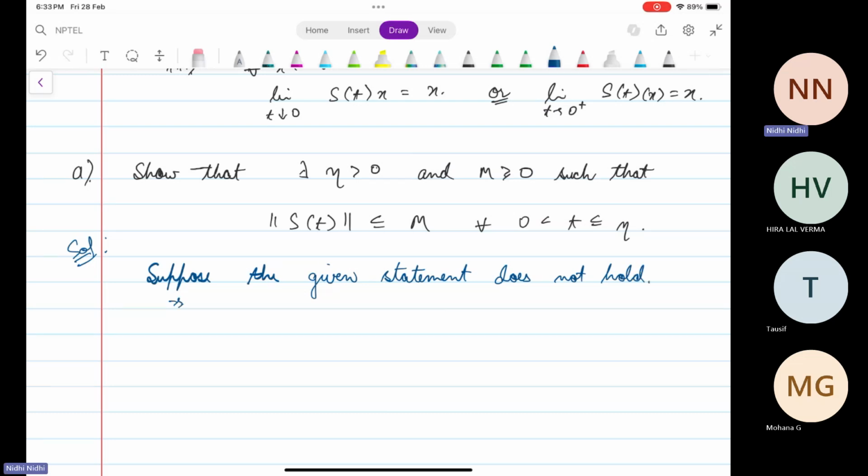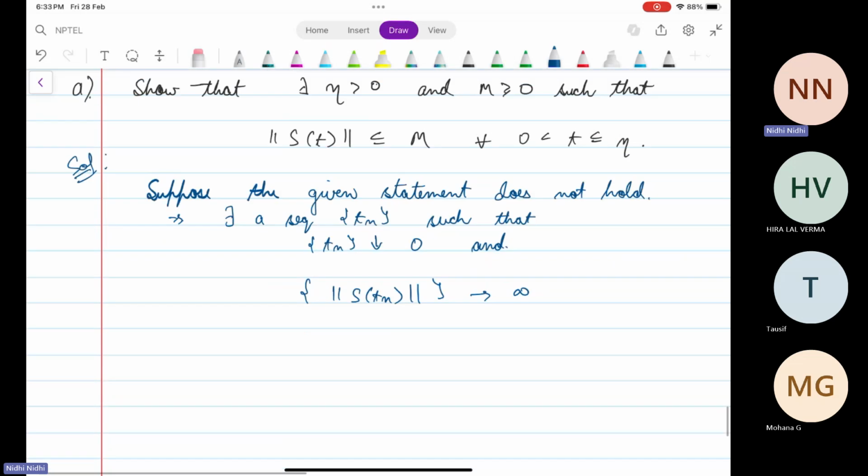This implies there exists a sequence Tn such that Tn decreases to 0 and the corresponding norm Stn tends to infinity. Or we can say that norm Stn is unbounded.